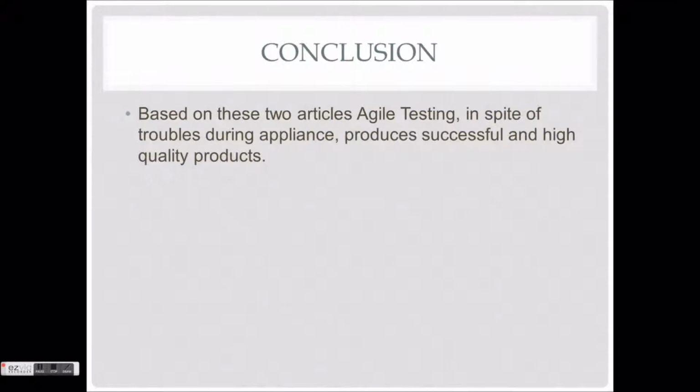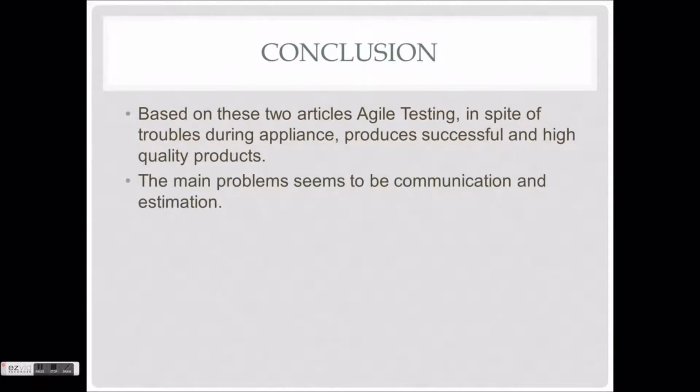To draw some kind of conclusion, based on only these two articles, I can conclude that Agile testing and Agile development works well. There were two successful projects. Looking into the problems, I can only refer to the first article, where communication and estimation of time seem to be the main problems.